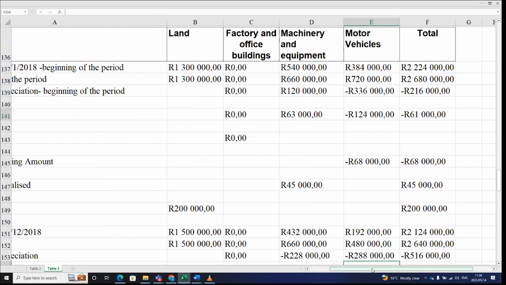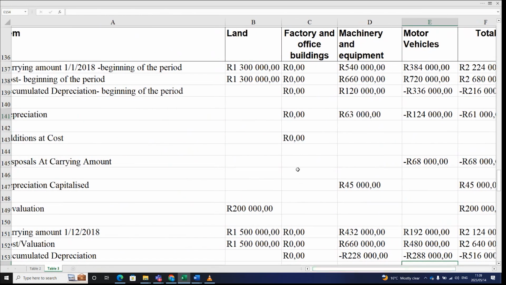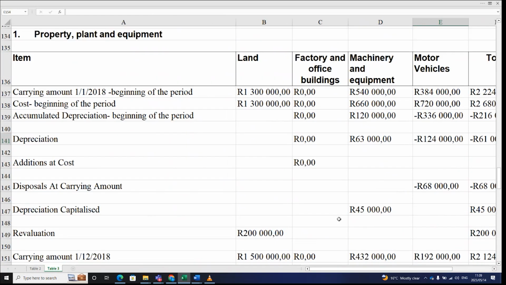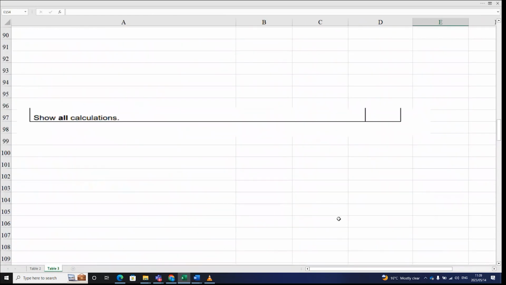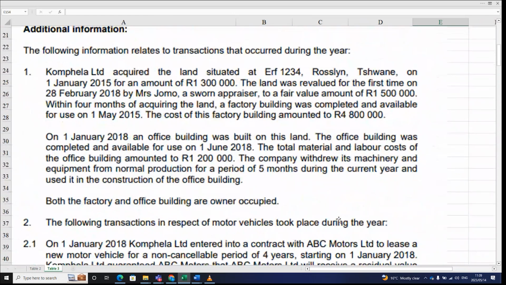Okay, so then we need to come through now and deal with the buildings. For the buildings, all they say is that the cost of this building is 4.8 million.